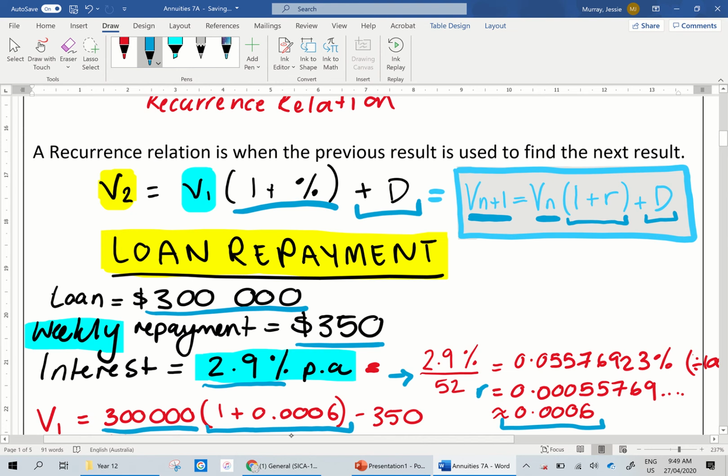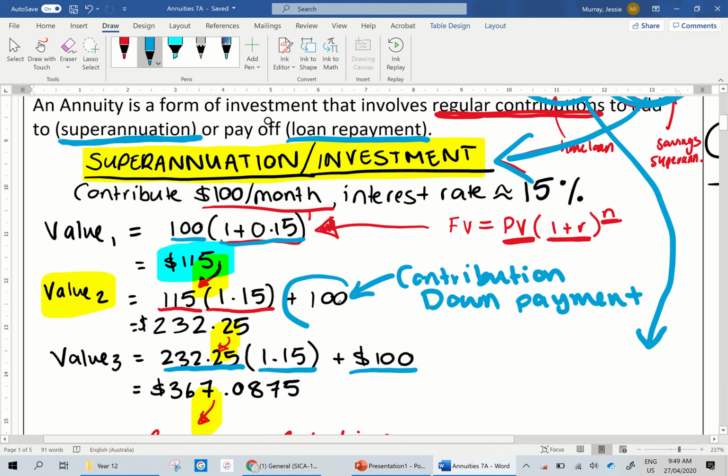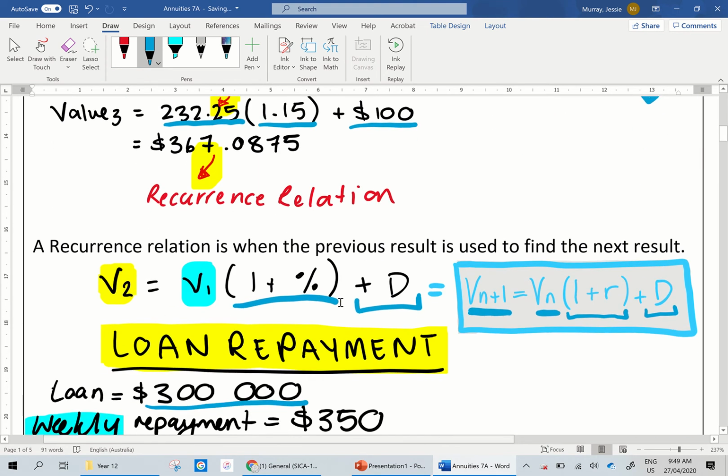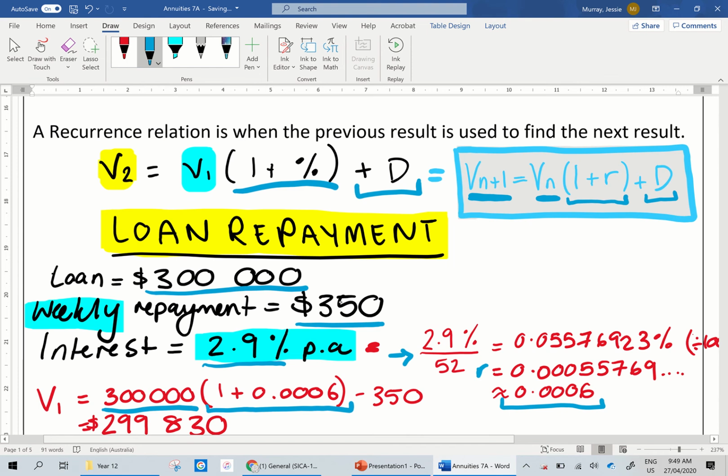But then I take off $350 that I paid off the loan. So notice the difference between a savings account up here, we were adding on that down payment because we're adding to that savings. But this time on a loan repayment, I'm subtracting it off because this is how much I have owing on the loan, but then I take off the $350 that I've just paid off it.